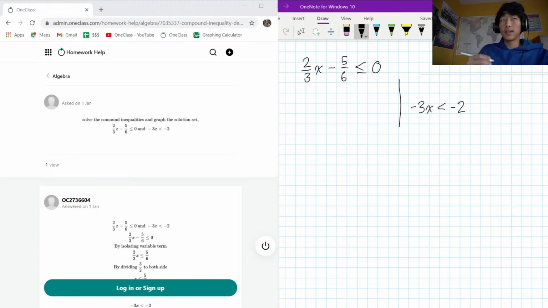Okay, so let's start with the first one, and our goal is to make an inequality of x is less than, greater than, less than or equal to, or greater than or equal to just some real number.